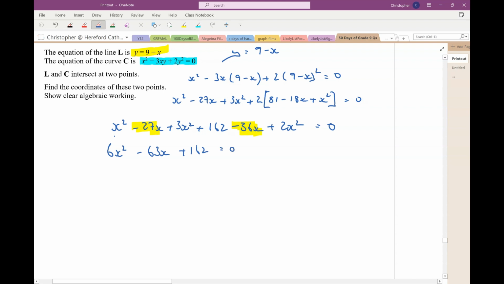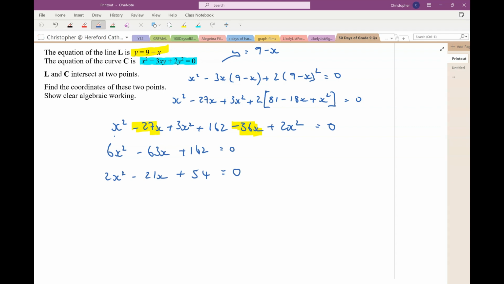Now, 6 won't go into 162, I think. But I think 3 will. I think 3 will go into everything. Let's see. 2x squared minus 21x plus 54, equals 0. Oh, I see. 6 would have gone into 162, but it wouldn't have gone into 63. So I was right to divide by 3.